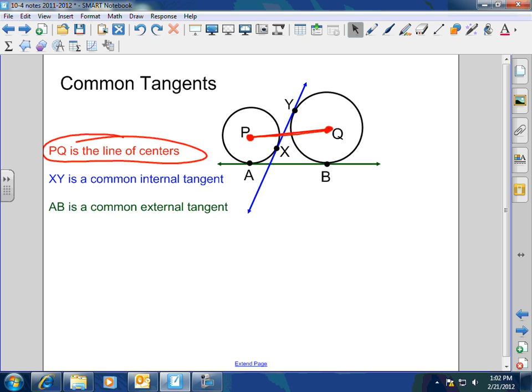Now, let's look at XY. XY is called the common internal tangent. Now, this may be a little bit confusing. In fact, let me split the screen so you can see what I mean.